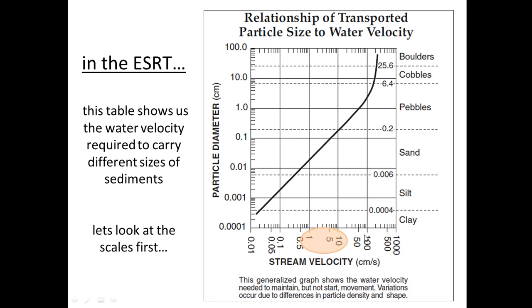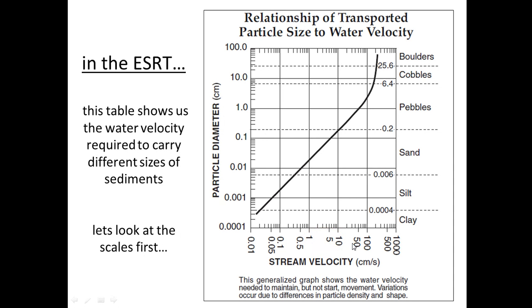That's not true in this section of the graph. Here we start at 10 and we go all the way up to 100. If I tried to count by ones again, 10, 11, 12, 13, 14, it doesn't work. So what's happening here in this section is we're counting by tens, 10, 20, 30, 40, 50. So it's important to know that you're counting by whatever that section of the graph starts with.